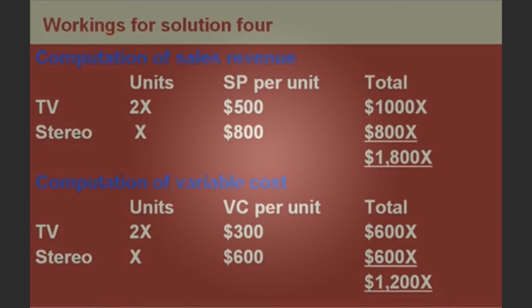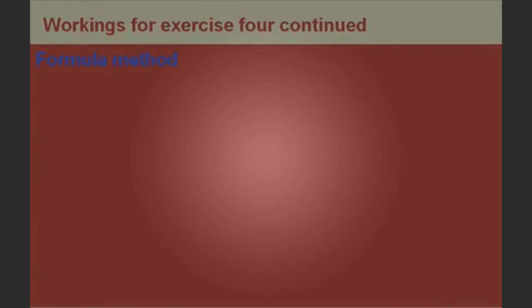What would happen if you used the formula? It's identical formula. Sales in units to break even is fixed cost over contribution per unit, but this contribution per unit is called weighted contribution per unit.